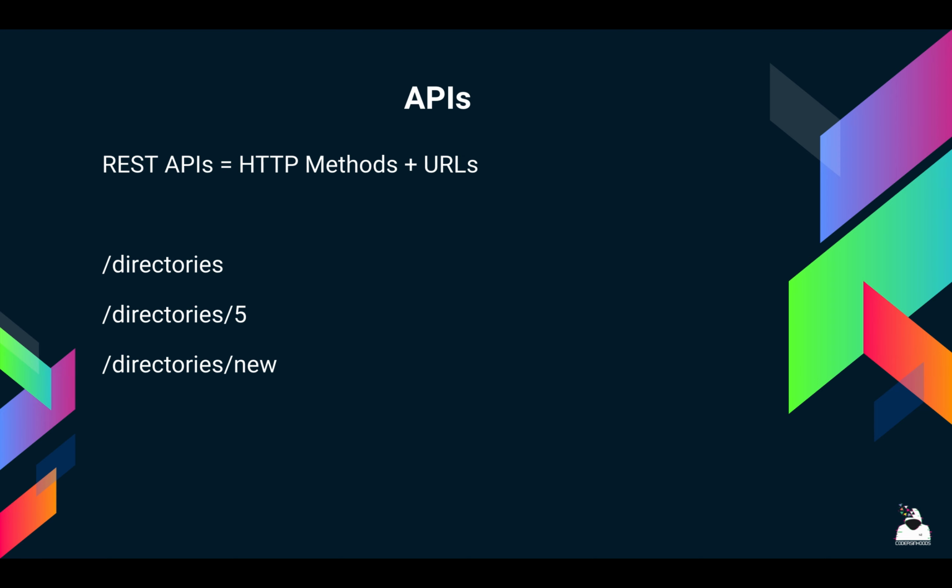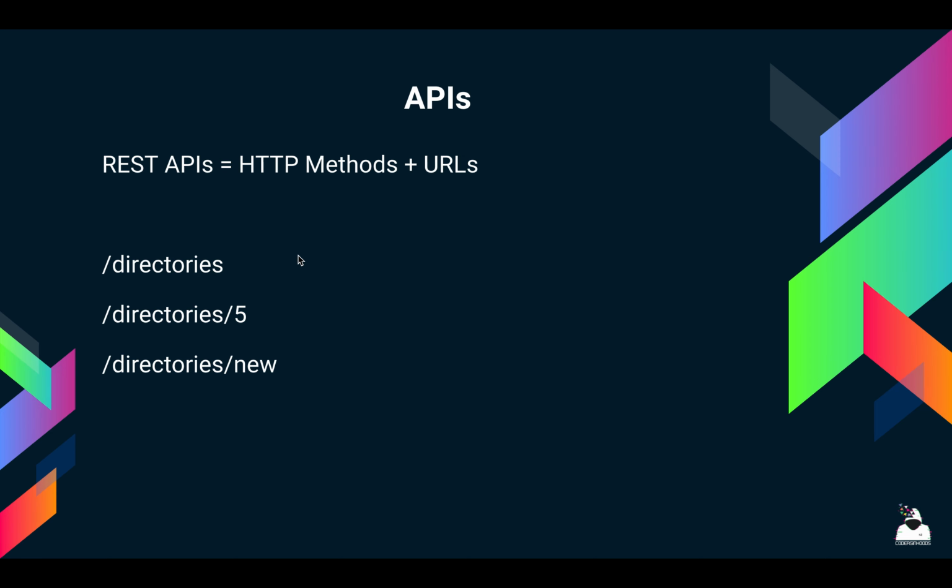It's to simplify the number of URLs that are being used in our app. We could have different URLs for every single action that the user does, but if we combine HTTP methods with these URLs, our directory's URL could actually perform 3, 4, 5 different actions depending on the type of request that has been sent to that URL.